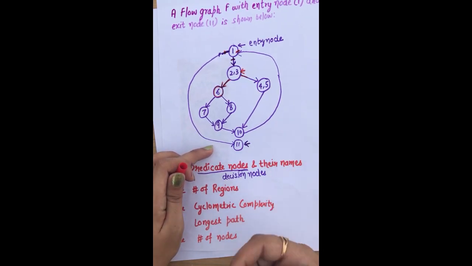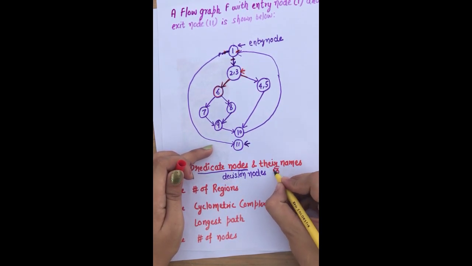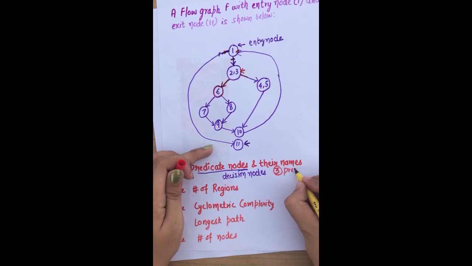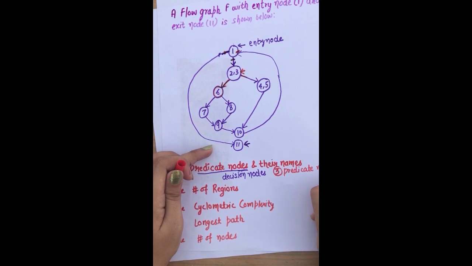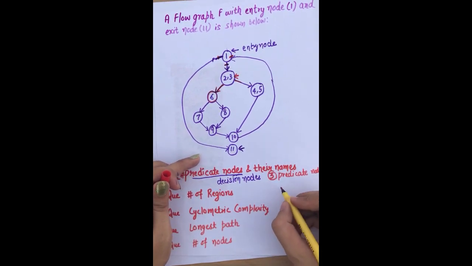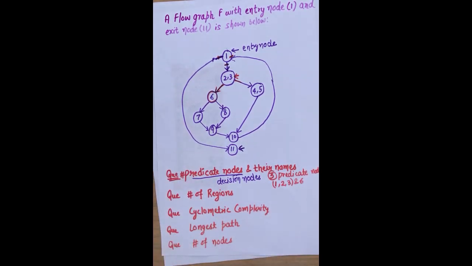So we have only 3 predicate nodes: 1, 2, 3 and 6. So this is the answer: 3 predicate nodes, namely 1, 2, 3 and 6.